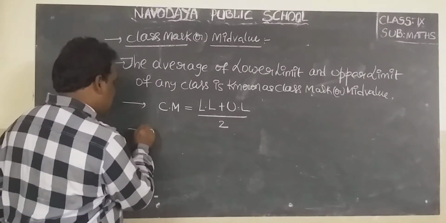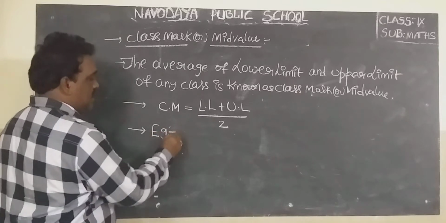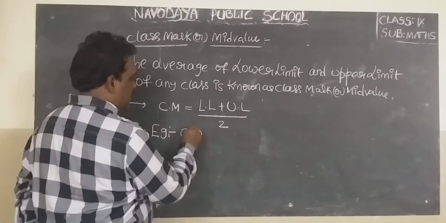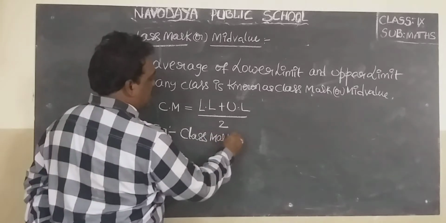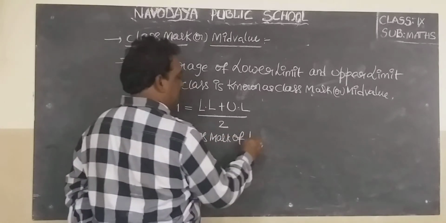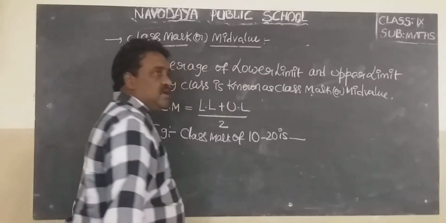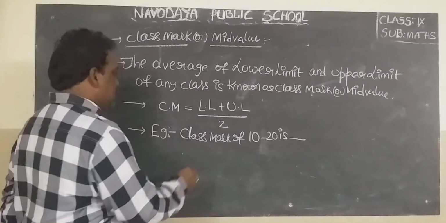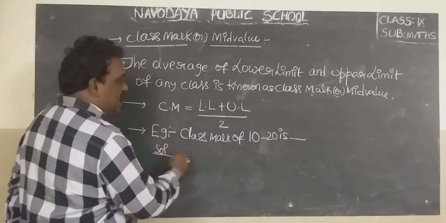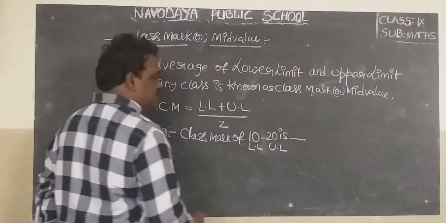Then third point, example: class mark of 10 to 20 is dash. So solution, 10 is known as lower limit, 20 is known as upper limit.